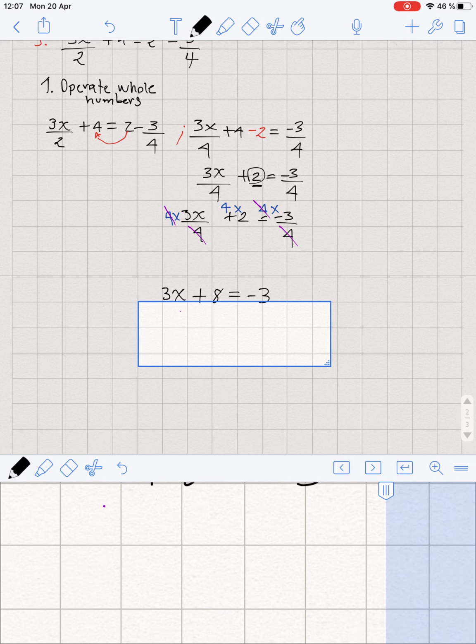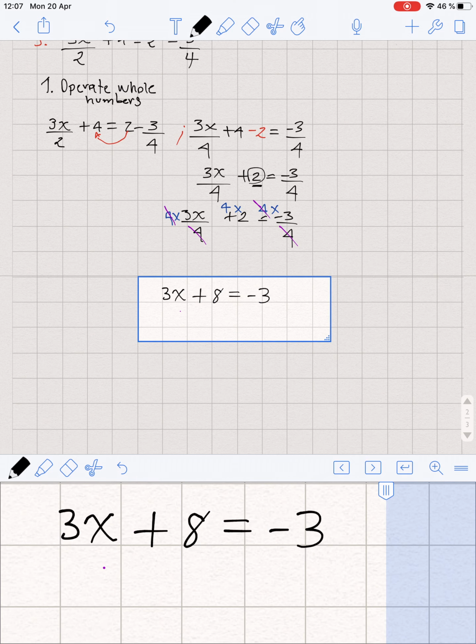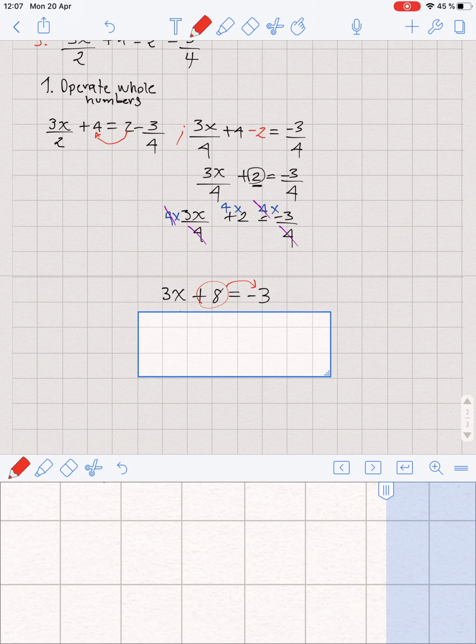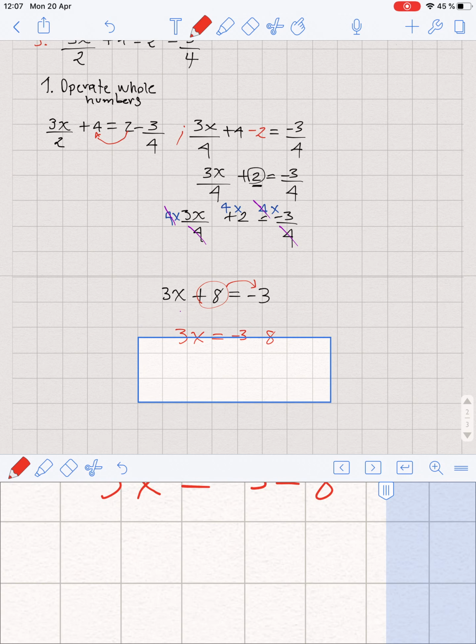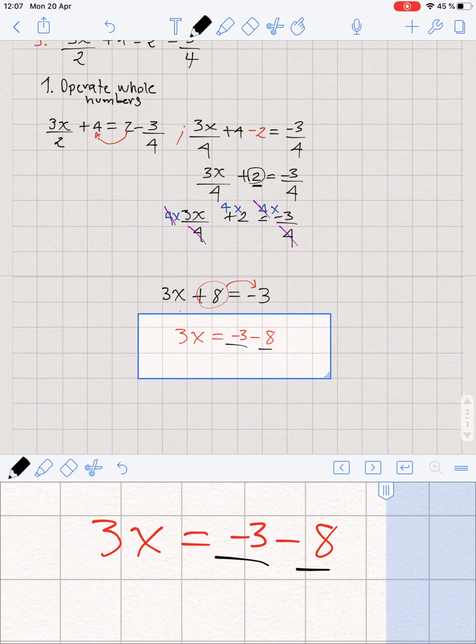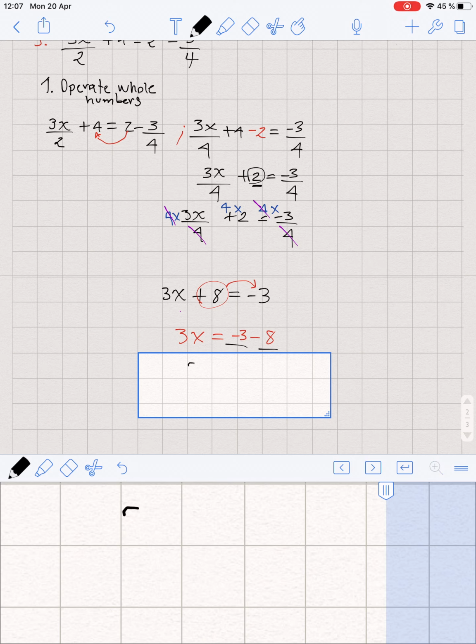And then we now have an expression without fractions. Therefore, again, when we have this, first the addition or subtraction passes to the other side. That is plus, now it is going to be negative. That is 3x equal minus 3 minus 8. Then, applying the inverse operation, minus 3 minus 8, we will have 3x equal minus 11.